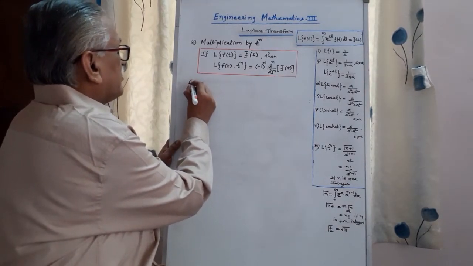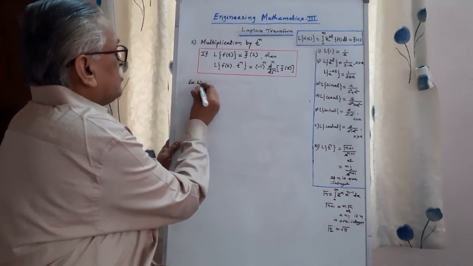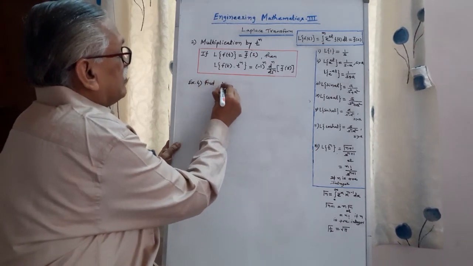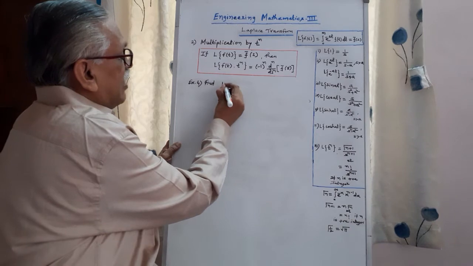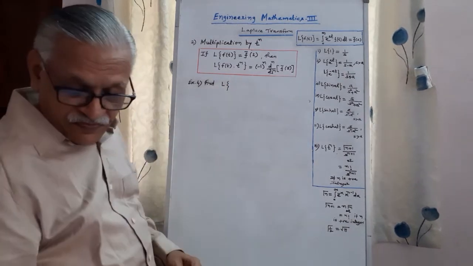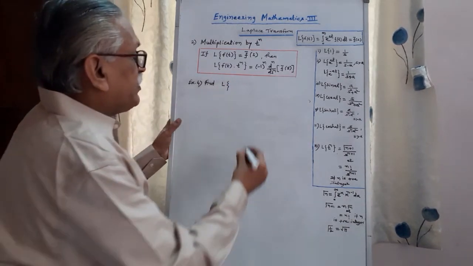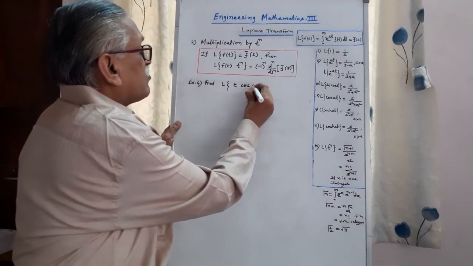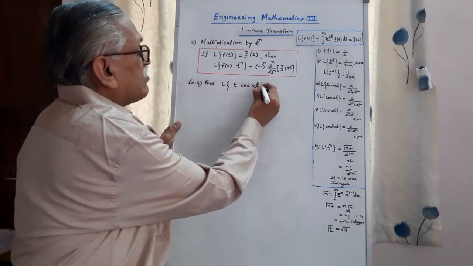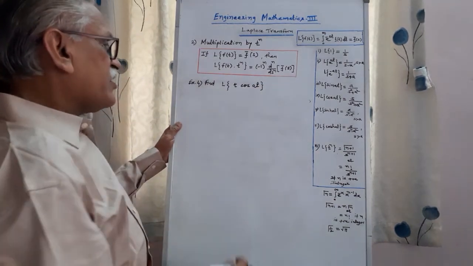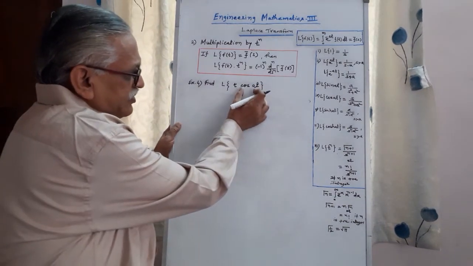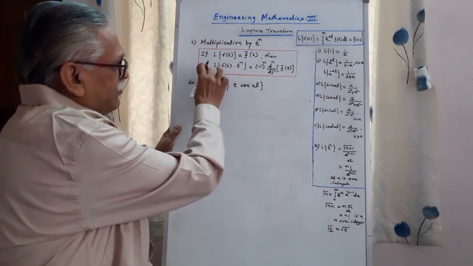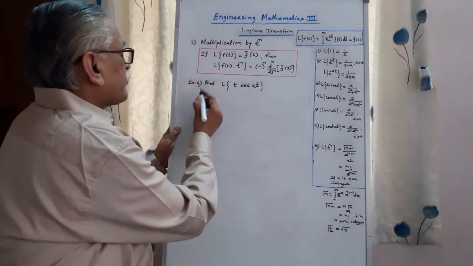Then next example, example number 4: find the Laplace transform of t cos at. Okay. Here we consider f of t as cos at multiplied by t, which means it is the problem for this theorem.